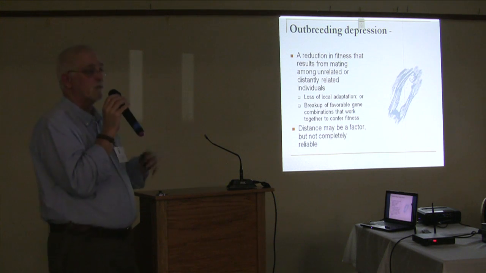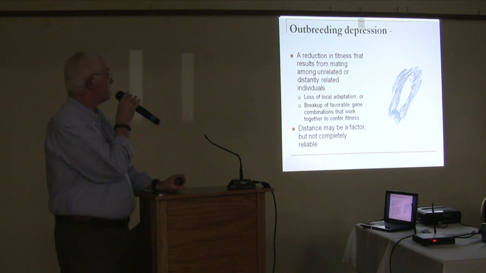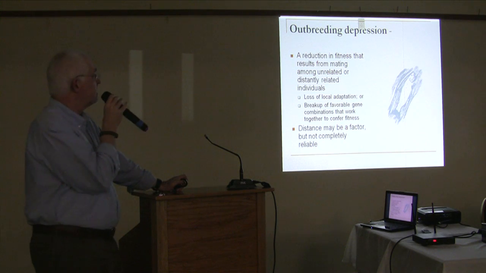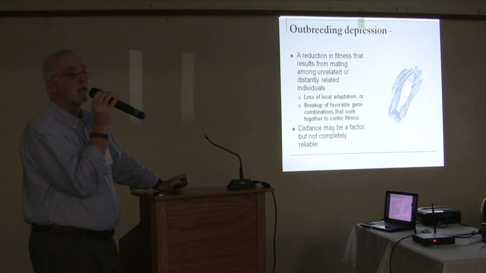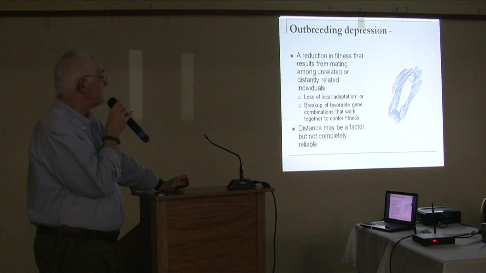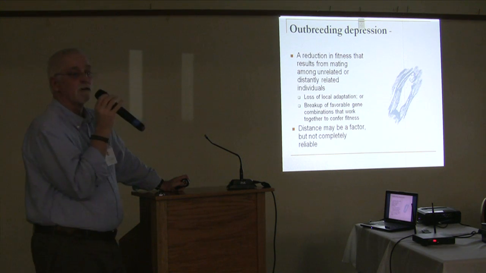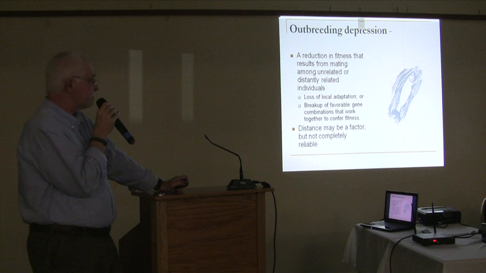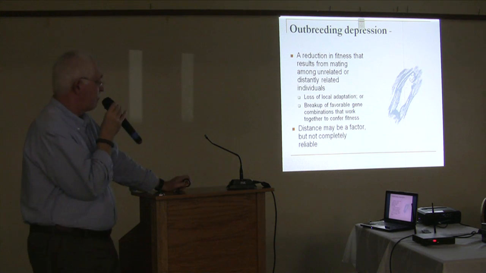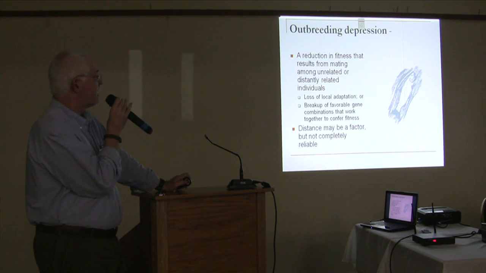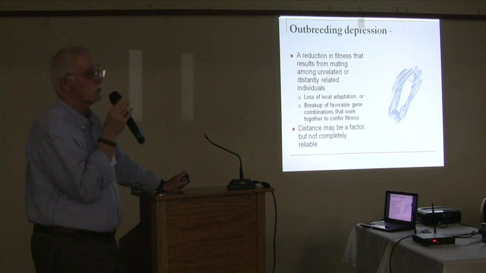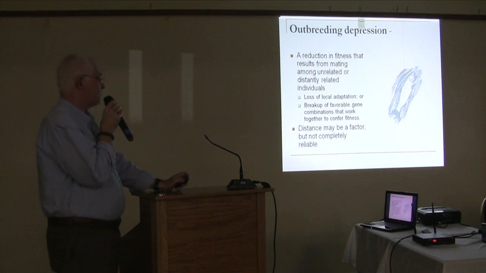The converse of inbreeding is outbreeding. And outbreeding depression is a reduction of fitness that results from mating among unrelated individuals or distantly related individuals. And this occurs due to a loss of local adaptation, a loss of alleles, or a breakup of favorable gene combinations that work together to confer fitness.